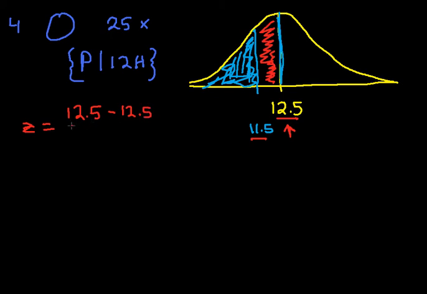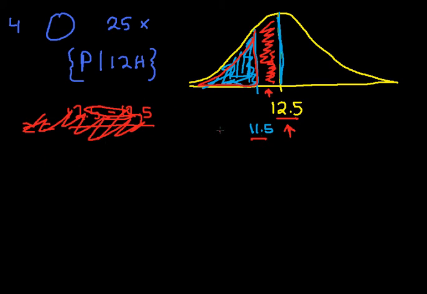I don't think that's going to work, because we're going to have 0. Yeah, let's just scratch that. We know that half of this curve is to the left of 12.5, so that area is 0.5. And if we take that 0.5 and subtract this area here, what we're left with is the area for 12 heads.